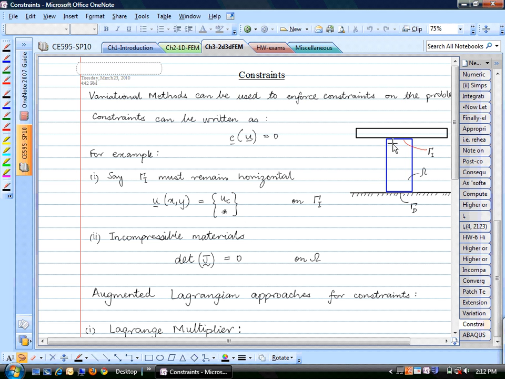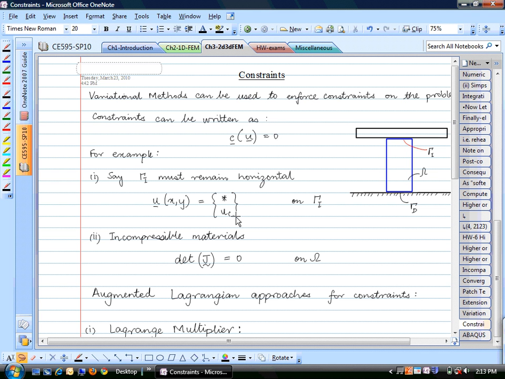where for every point along this, the horizontal displacement, the vertical displacement should be the same, right? So let's say some constant. So the vertical displacement for every point along this edge must be the same.